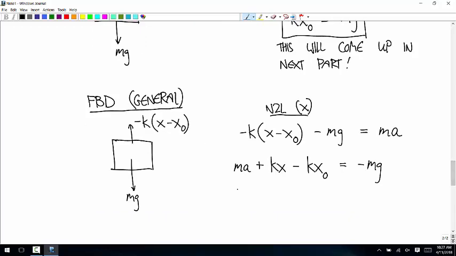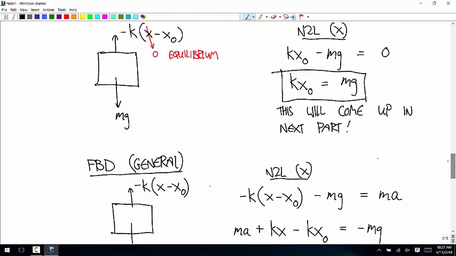And now acceleration is x double dot. So we have x double dot plus kx, and then kx0, this is where I'm going to use what we know about equilibrium.